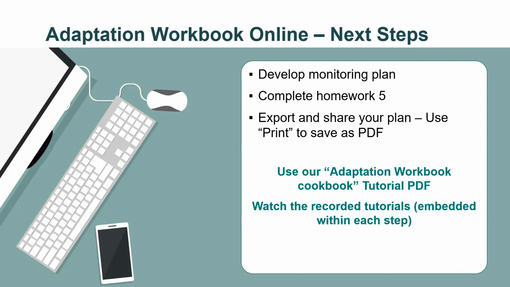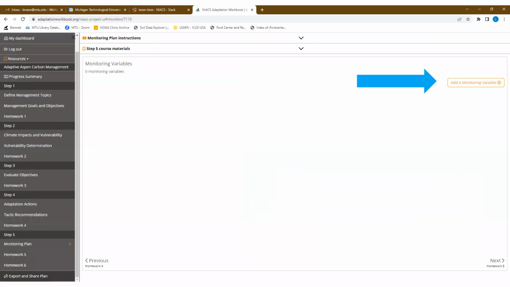The next steps for your week ahead include doing that monitoring plan, completing a 5th homework assignment, and figuring out how to export and share your plan, both for yourself in the future, but then also for stakeholders, for other people at your institutions that you want to share all this thinking you've done, all this documentation as part of planning processes that you might be using in your organizations.